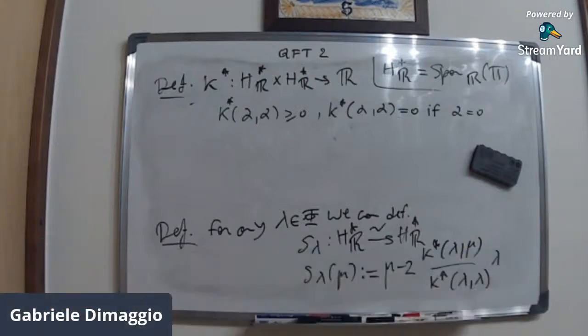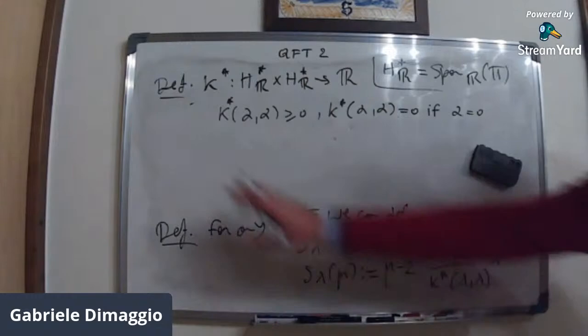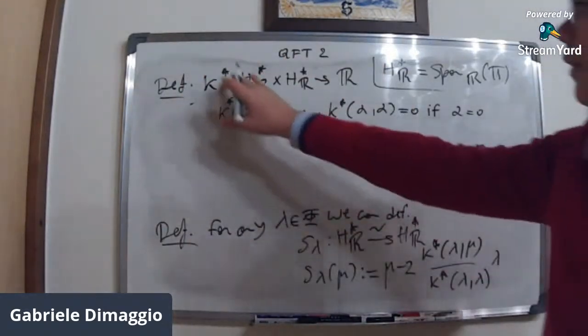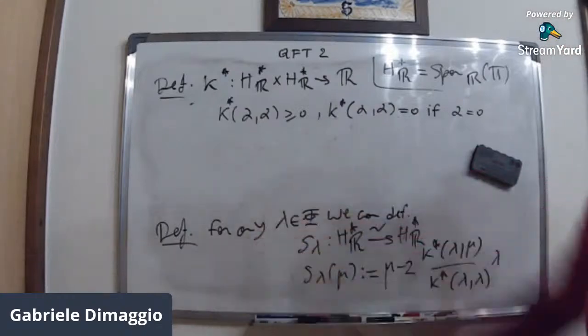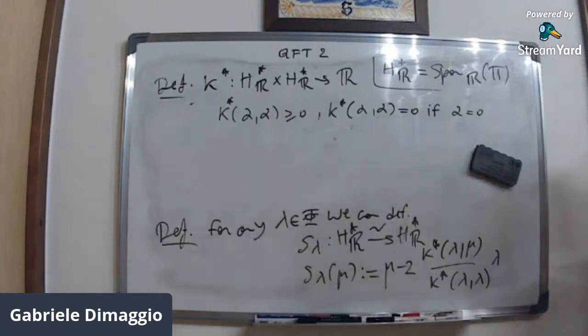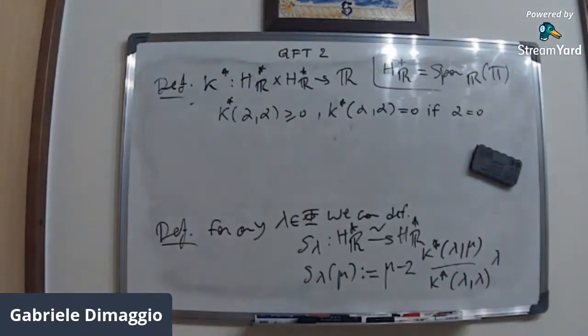Thanks. And so now, this is the definition of the dual Killing form, and using this definition, I can define this function. Perfect. Now we can talk about this S lambda.